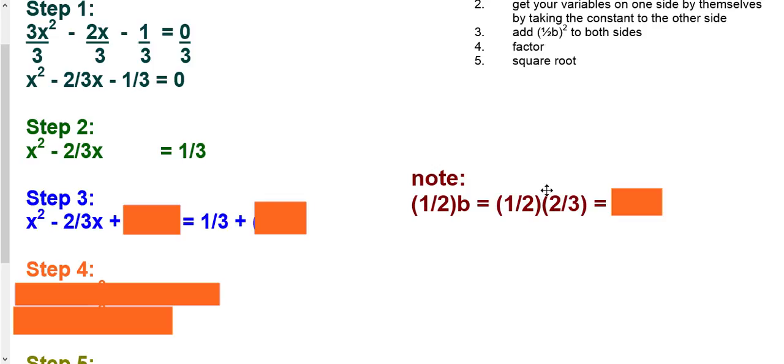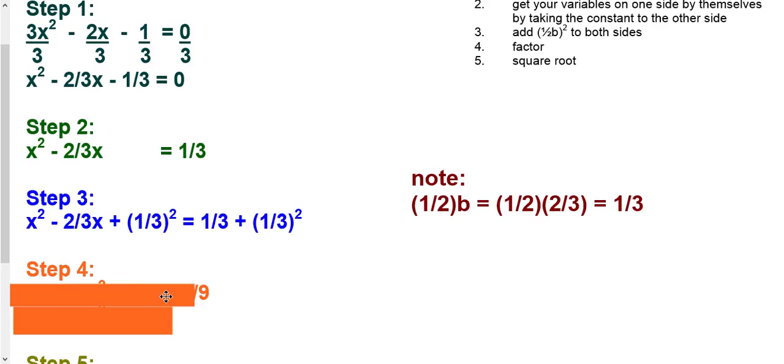You could include the negative, it won't really make a difference here. A fraction times a fraction, remember you multiply the tops, multiply the bottoms, you get 2 over 6, or 1/3. Some of you might think, half of 2/3, I'll divide it into 2 parts, that's just 1/3. So I need to take 1/3 and square it, just following that pattern from the last video. If I add it here, I also need to add it over here, because I've got to do the same thing to both sides of the equal sign.